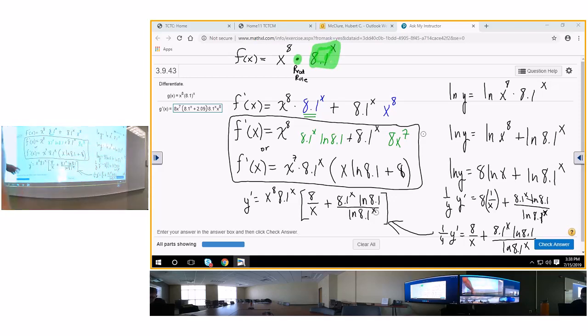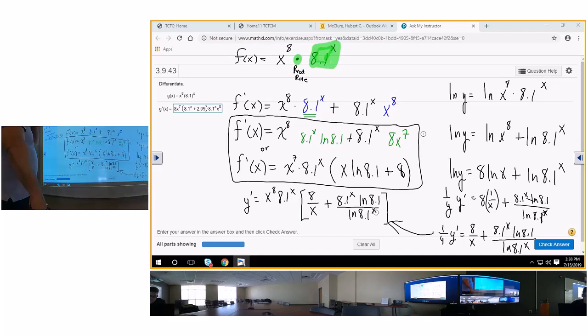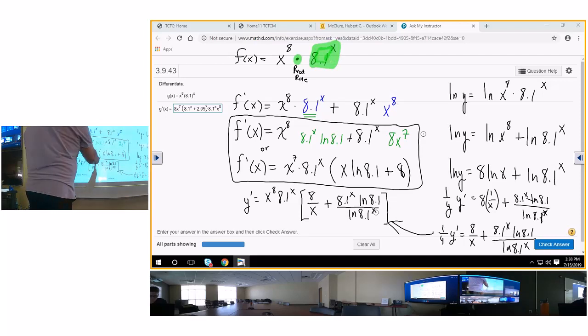And you'll start seeing that x to the 8th over x is x to the 7th. And then the 8.1 to the x, that's right there. It's still got an 8 there, but we'll see.